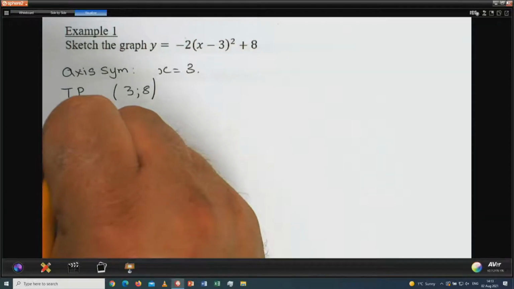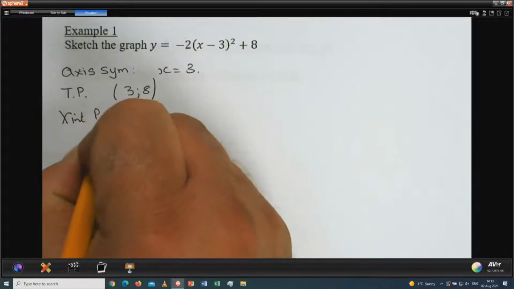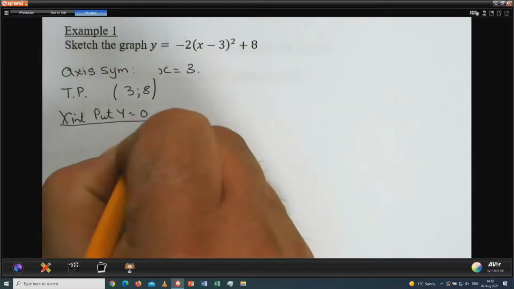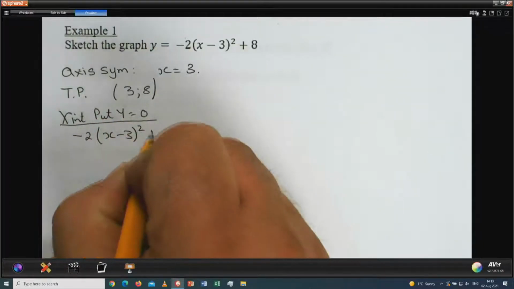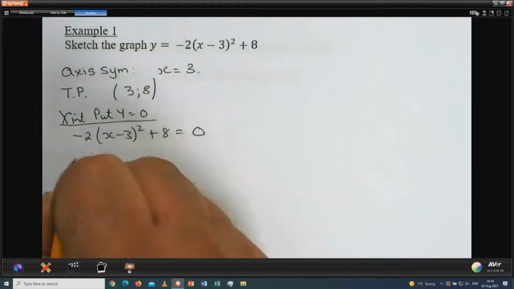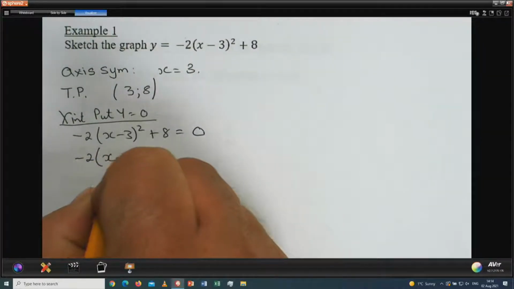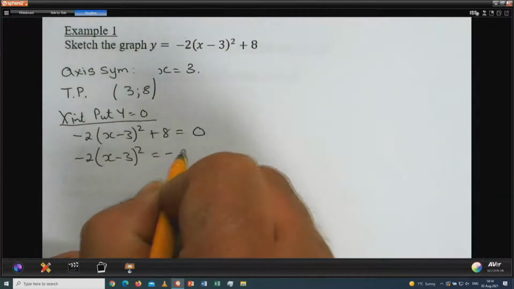And your x-intercept, we need to put y equal to 0. So negative 2 brackets x minus 3 to be squared plus 8 is equal to 0. So negative 2 bracket x minus 3 to be squared is equal to negative 8.